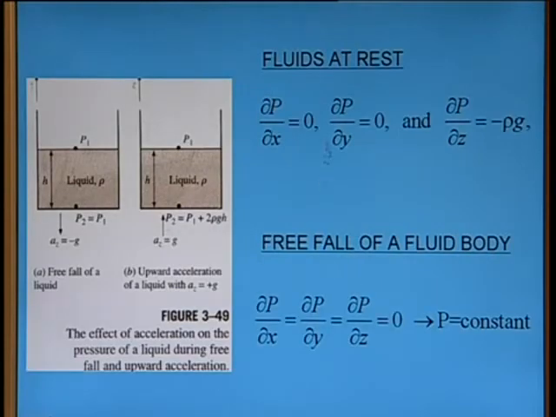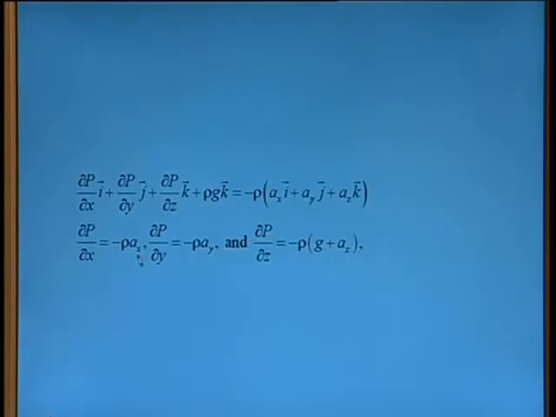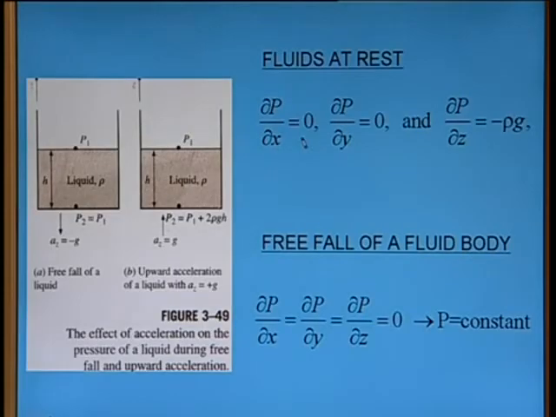Now for a fluid at rest, ax, ay, az are 0. Then these 3 equations may be written as ∂P/∂x is equal to 0, ∂P/∂y is equal to 0, and ∂P/∂z is equal to minus rho g. These 3 equations we have already discussed for fluid at rest.